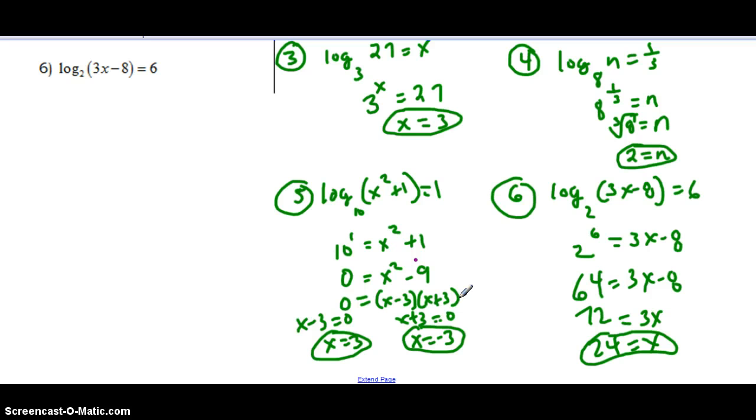We set those two factors equal to 0 using the zero product property and solve for x, and we get 3 and -3. For number 6, our first step was to convert, so 2 to the 6th power is equal to 3x minus 8, and then we just solve for x, and we get x is 24.